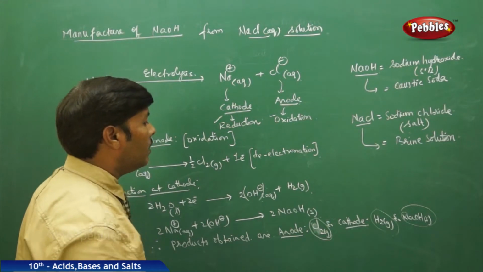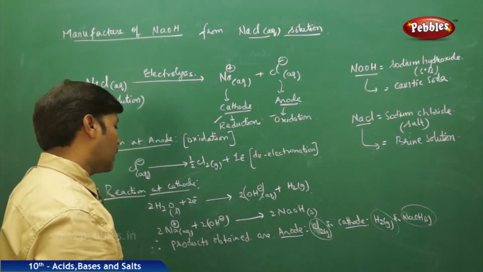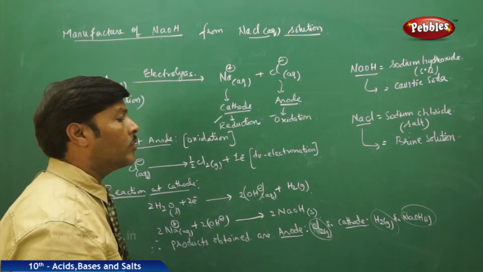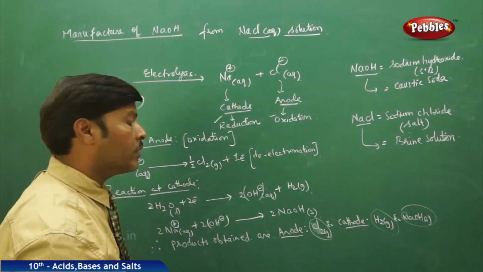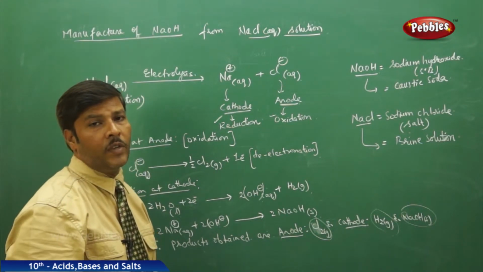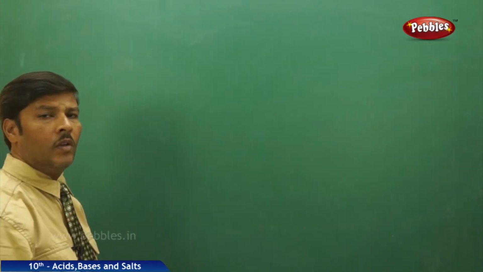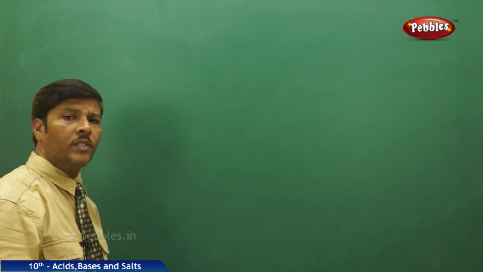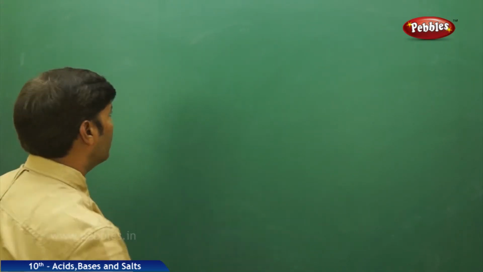The caustic soda and hydrogen gas obtained at the cathode and the chlorine gas obtained at the anode have commercial significance and are used for various purposes in our daily life.